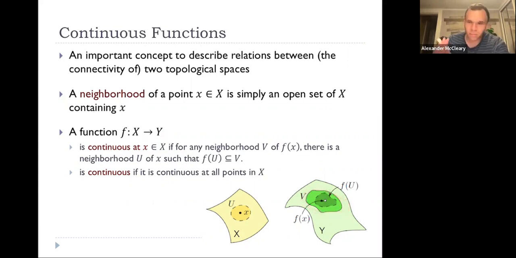We want to be able to find a neighborhood U around X in our domain, such that when we map U into Y via F, the image of U is contained inside that neighborhood V. So we say a function F is continuous at a point if it satisfies that condition, and then a function is continuous if it satisfies that condition for all points. This is an abstraction of the epsilon delta definition of continuity you might have seen in an analysis class or even calculus.